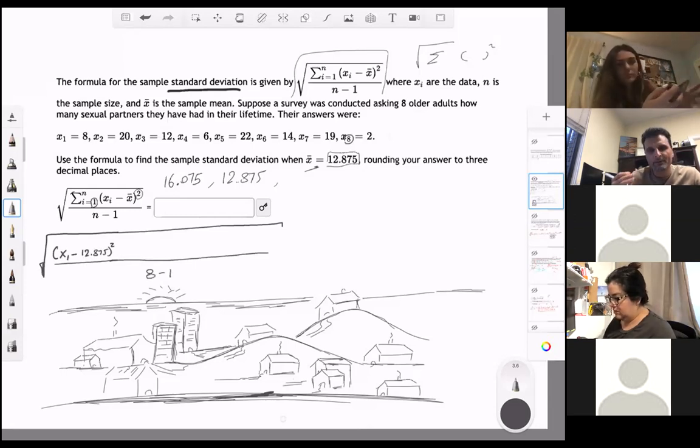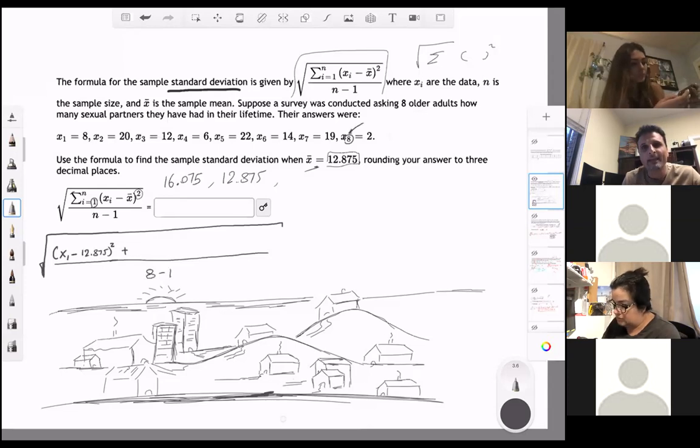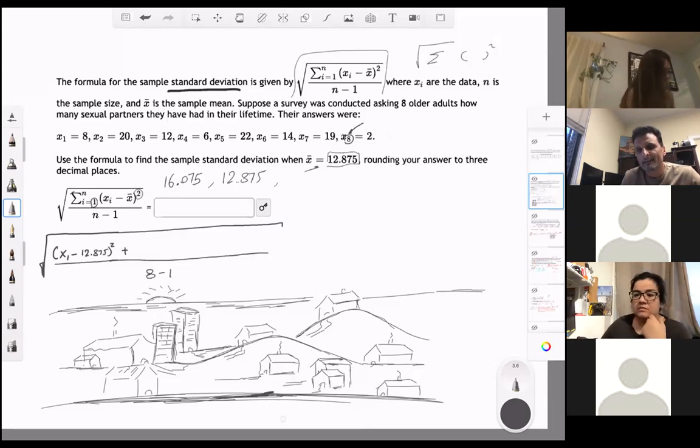I will do a few steps to get to this level. At the same time, I can plug in x1 as well. If instead of 8 we had 20 or more than 10 values, then we would use the calculator.